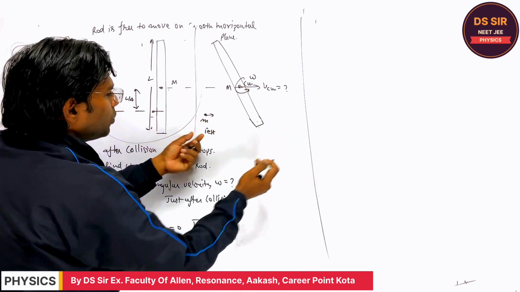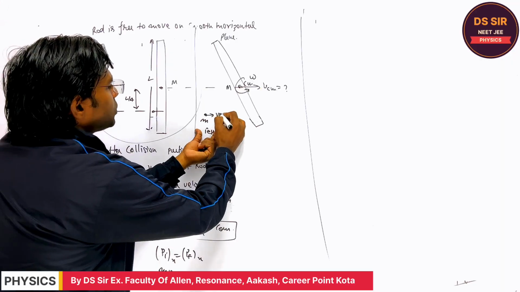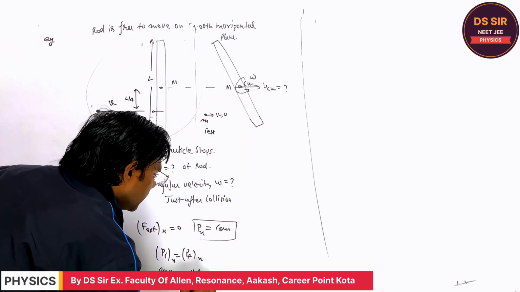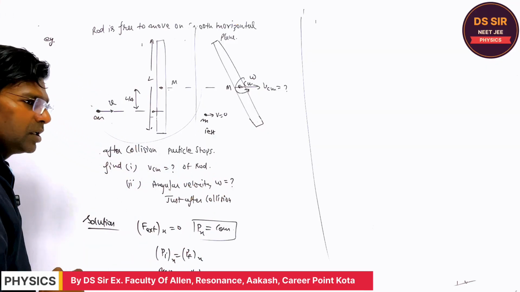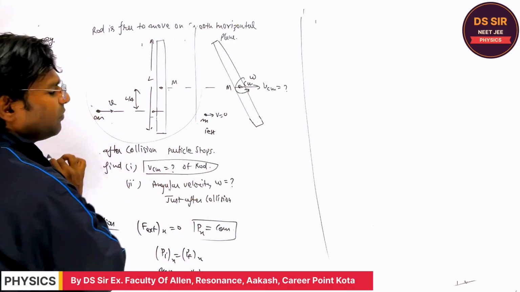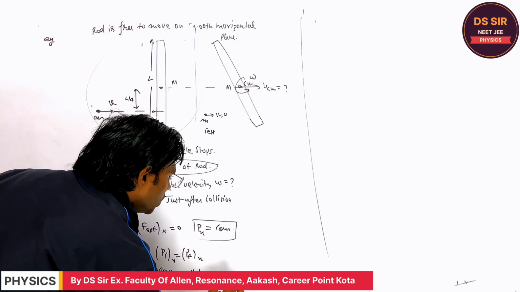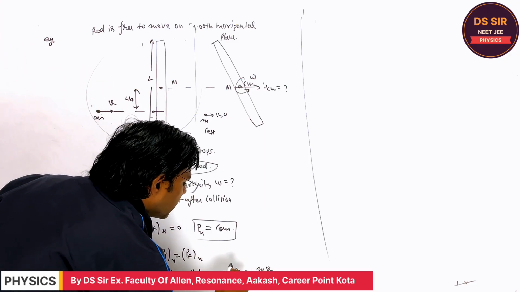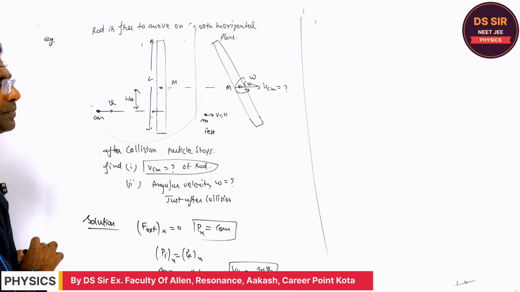This is the final photo. The particle is at rest, so its velocity is 0, no momentum acquired by this. M into VCM. So they are asking the velocity of the center of mass of the rod. So what is it? mv upon capital M. Is it clear or not?